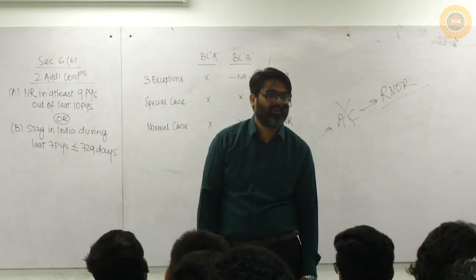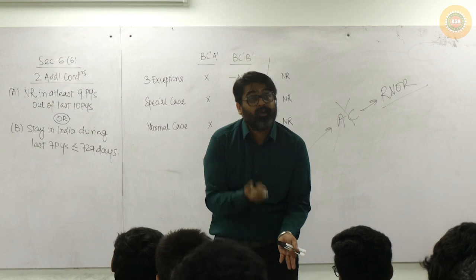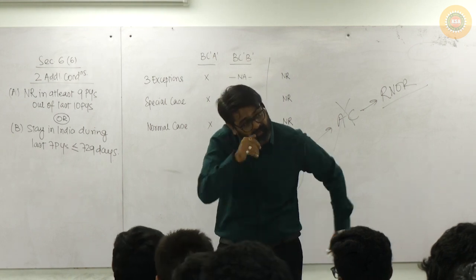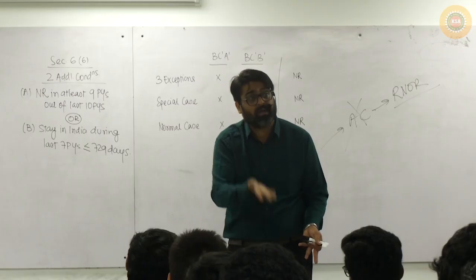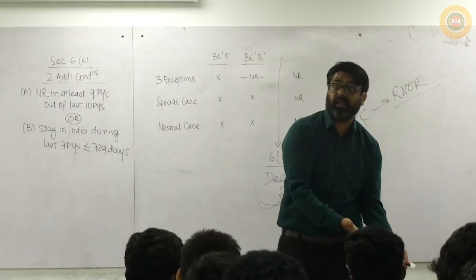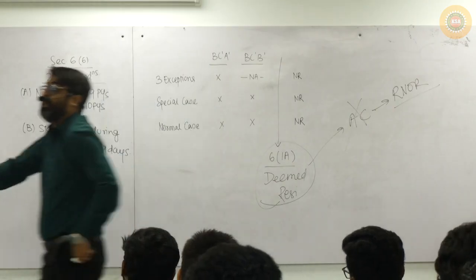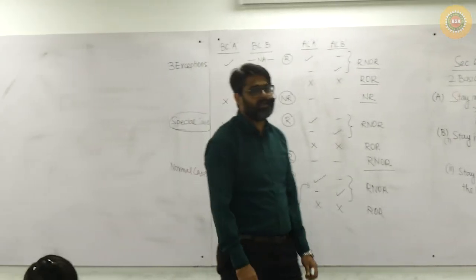Understanding? So if we allow you to become a non-resident, will you pay tax on any of the foreign incomes in India? No. None of your foreign income, part A foreign income, part B foreign income, will be taxable in India. And on those foreign incomes, you have not paid tax outside India also. Getting my point?